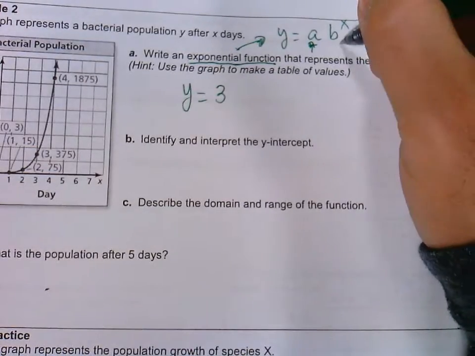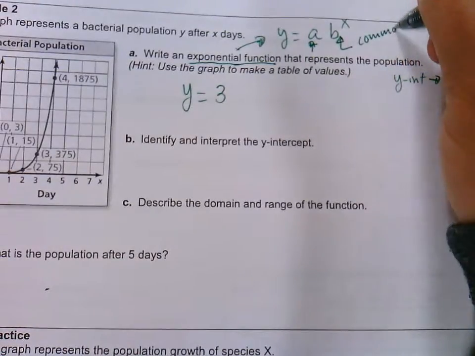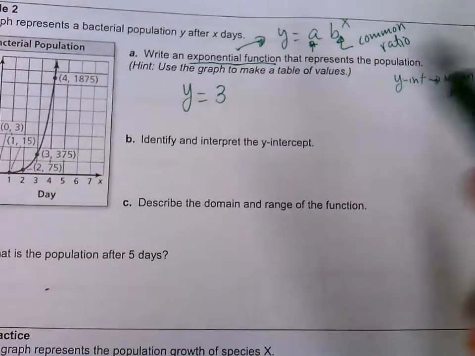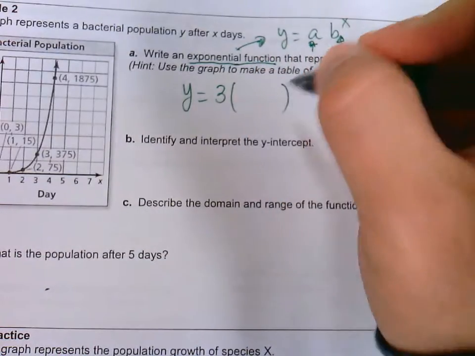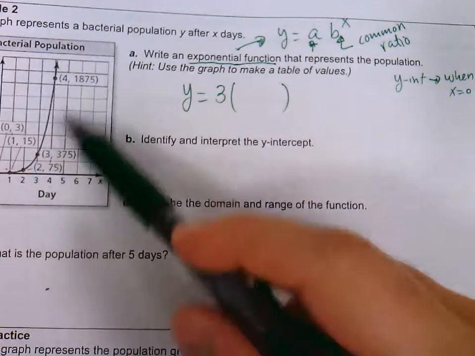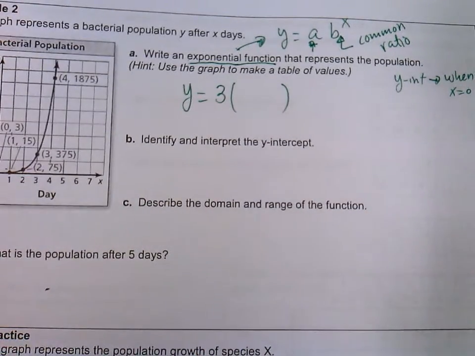Then the next thing we have to find is what we call the common ratio, or the factor. Some people like to call it the factor, other people like to call it the common ratio. So in order to do that, since I know that the function is exponential and it's increasing by the same factor, I can pick 2 points, whichever 2 points I like, as long as they are consecutive.